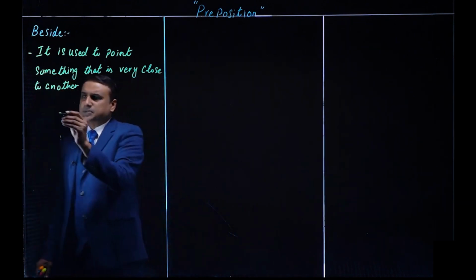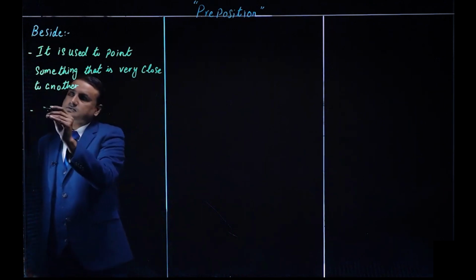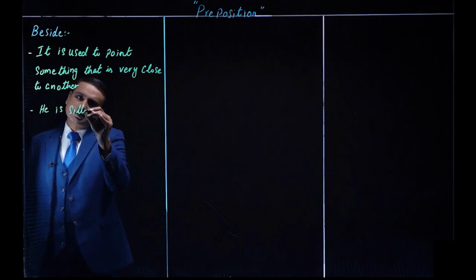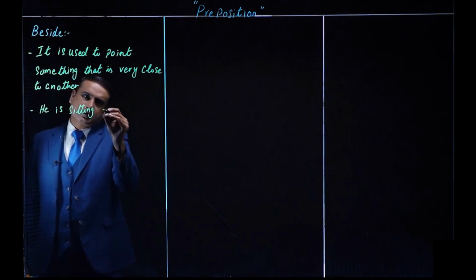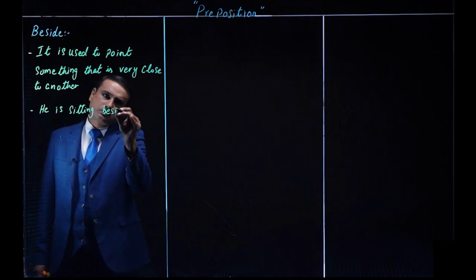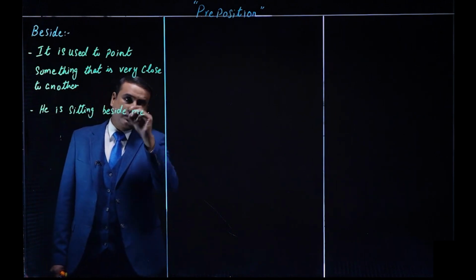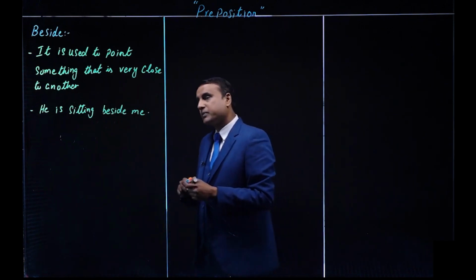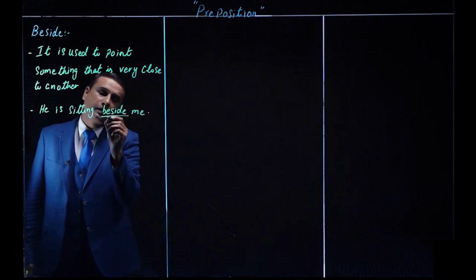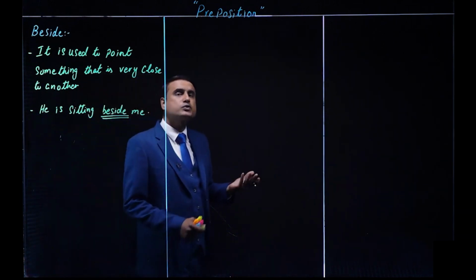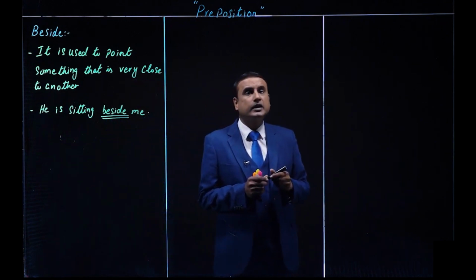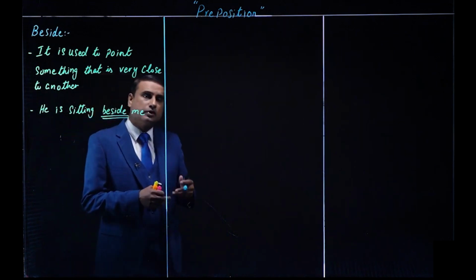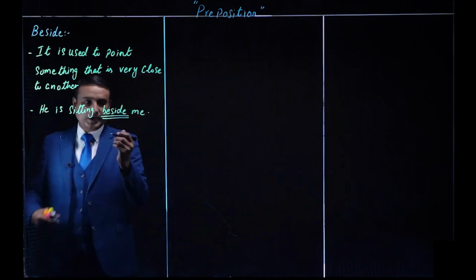Beside. For example, if I say he is sitting beside me. So here we can use it as a preposition to show that we were sitting next to each other. कोई ऐसी चीज़ जो हमारे पास रखी हो, या the chair was beside the table, तो ये क्या है? ये बिल्कुल साथ साथ रखी चीज़ों के लिए.